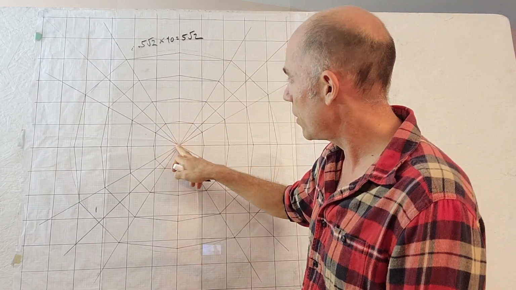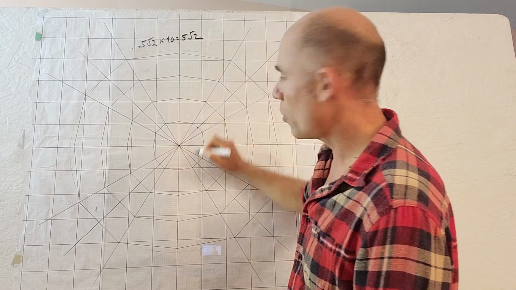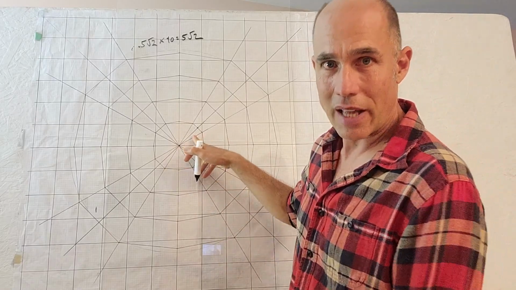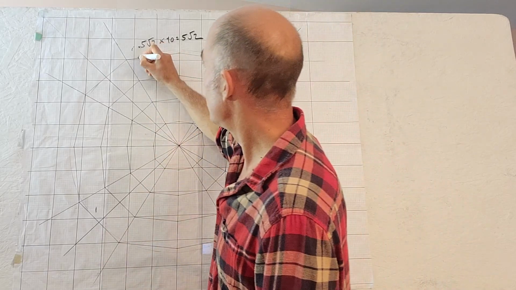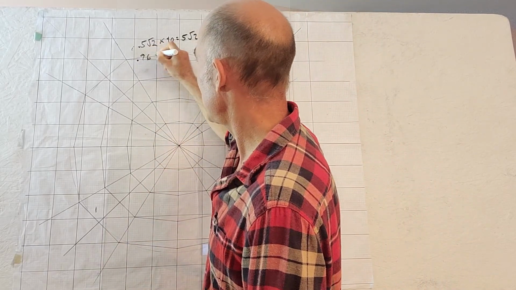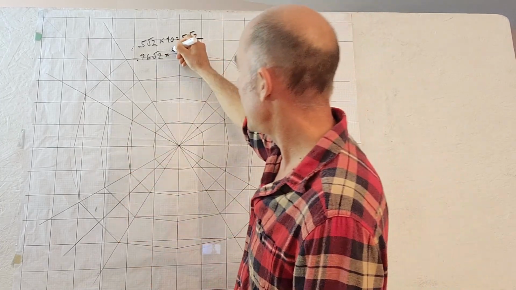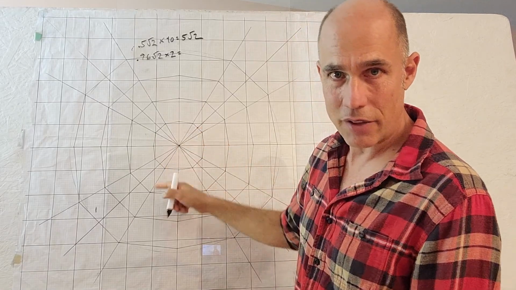Now we're going to look at the length of this line here from the 0, 0 to that point right there where it intersects the dodecagon. So I can just tell you right now that length is 0.96 root 2. So we're going to multiply that length by 2 to get the total length of that line inside the dodecagon.